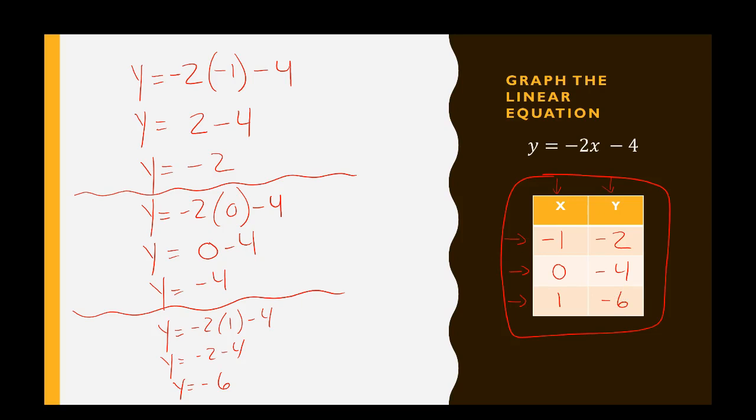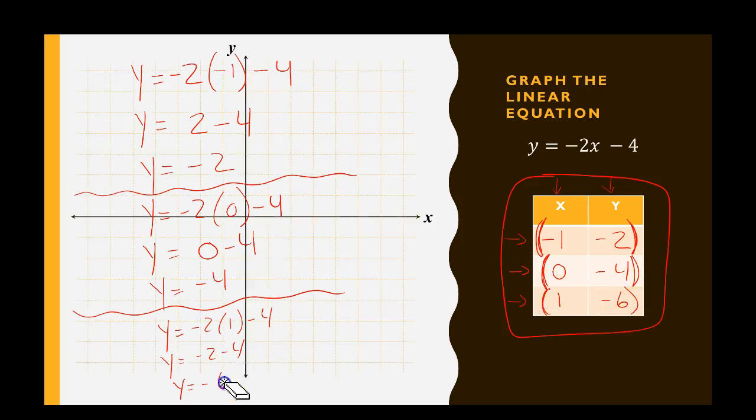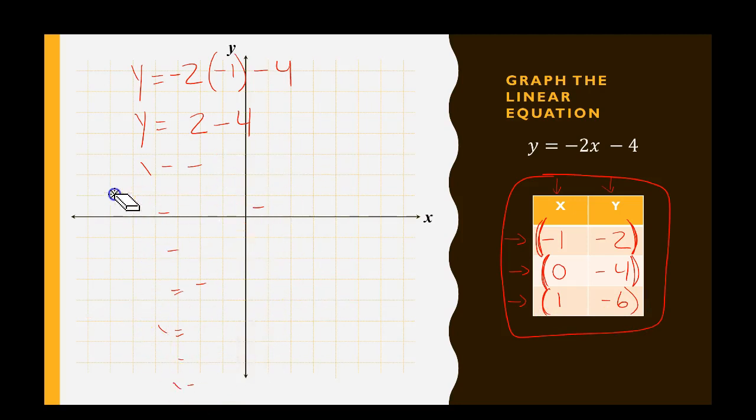So now once you have your 3 ordered pairs, what you have here is negative 1, negative 2. That's your first dot, or your first ordered pair for the line, your second, and your third. So we now have 3 dots that we can add to an XY axis or a coordinate plane. Get rid of this stuff here.